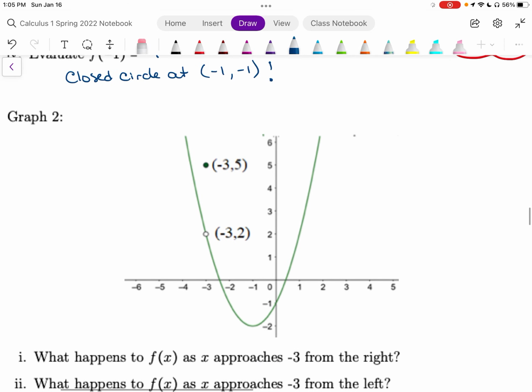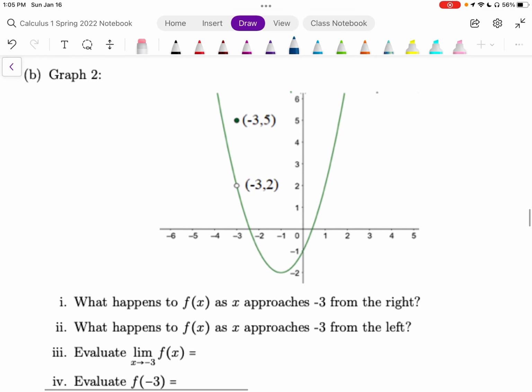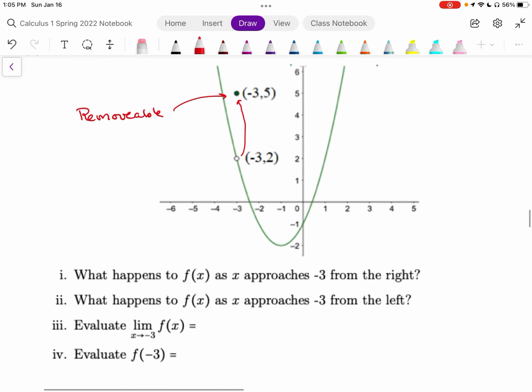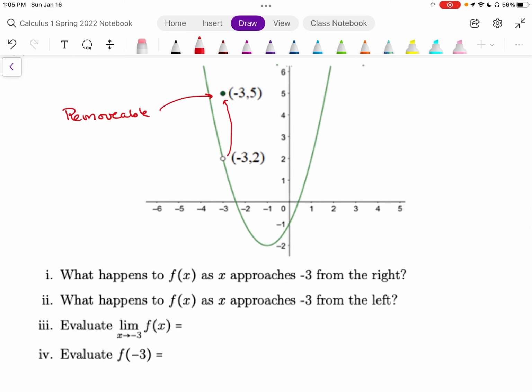All right, so let's move on to the second graph. All right, this is a parabola with a hole, but check it out. At -3, the point is up there. So that is called removable. Okay, so this is a removable discontinuity. All right, so what happens to f of x as x approaches -3 from the right? Okay, so we're approaching -3 from the right. Okay, so think about if you were an ant on the line, what would you be doing?